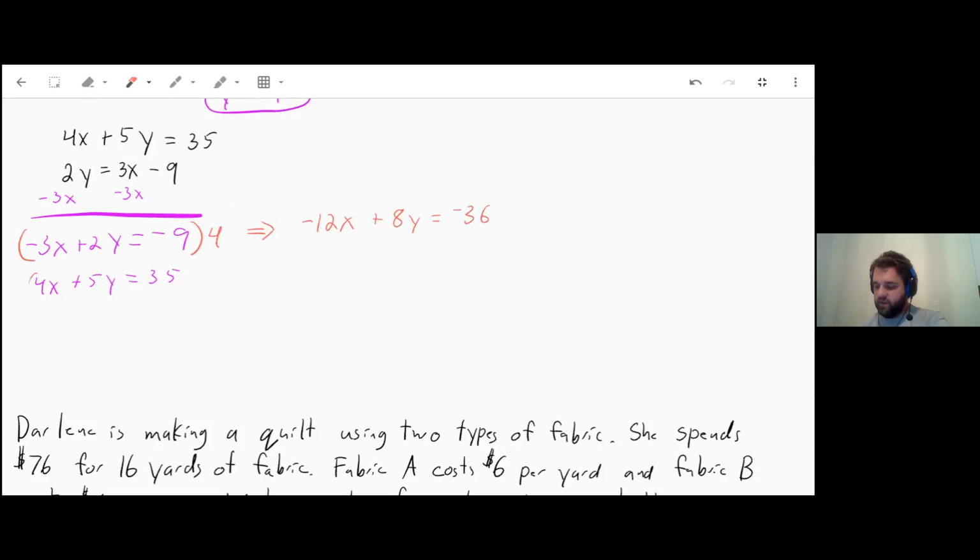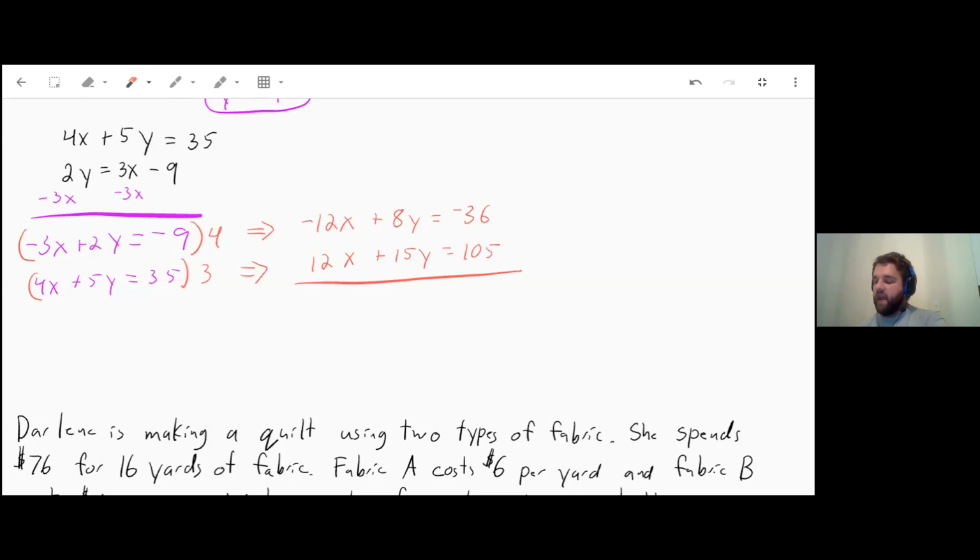That bottom equation, I'm going to multiply the whole thing by 3. So 4x times 3 will get us to 12x. 5y times 3 will get us a 15y. And 35 times 3 will get us 105.